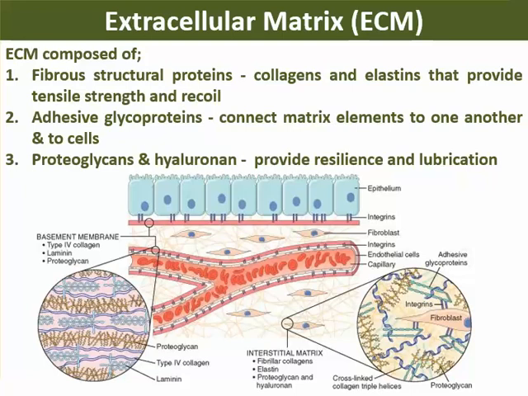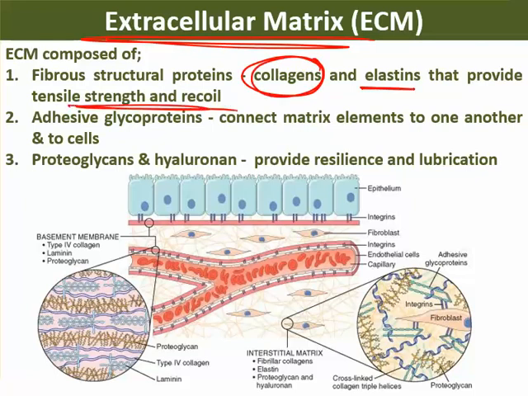Okay. Now let us discuss connective tissue. It is called extracellular matrix, and this is mainly made up of collagen and elastins that provide strength and recoiling capacity. These are the other connective tissue substances.